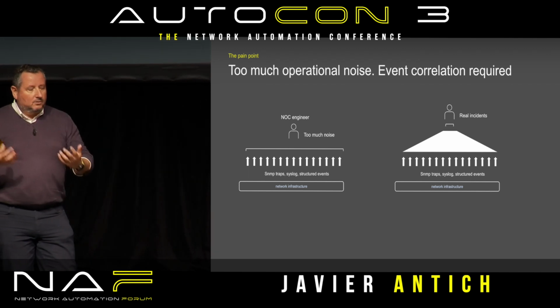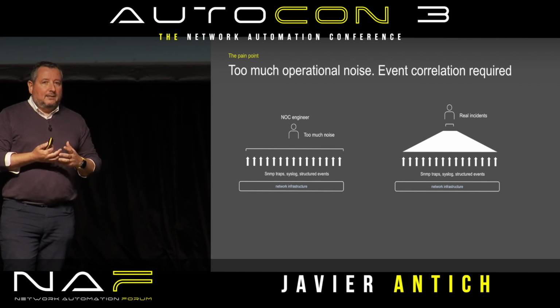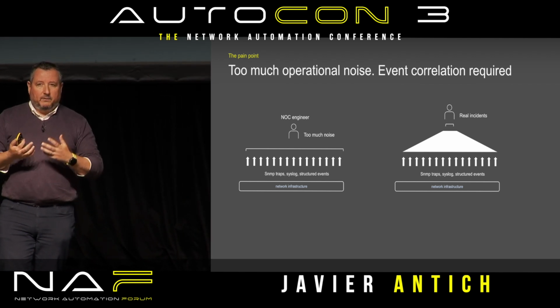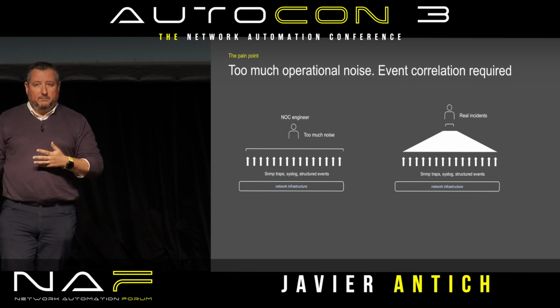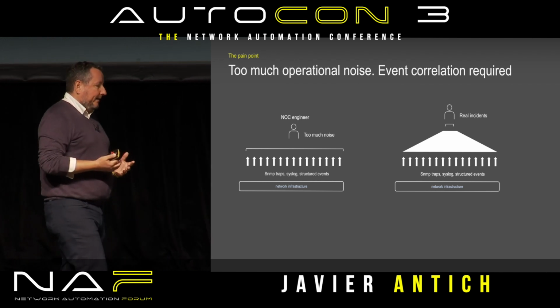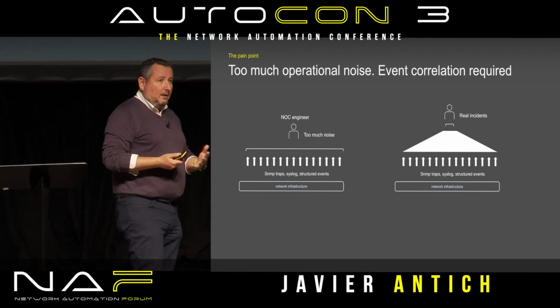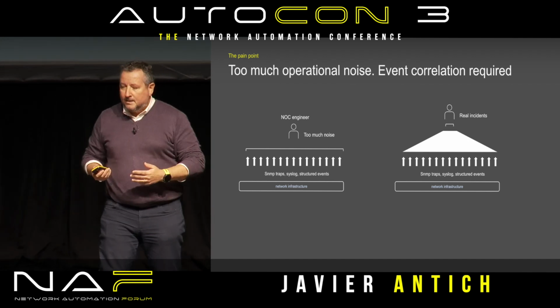Some incidents of sorts that might aggregate those events that have to do with each other in some way. Perhaps some are symptoms, maybe one of them is the root cause, but that's what we would like to achieve, conceptually. But how to do that, and how to do that effectively, is now the question.